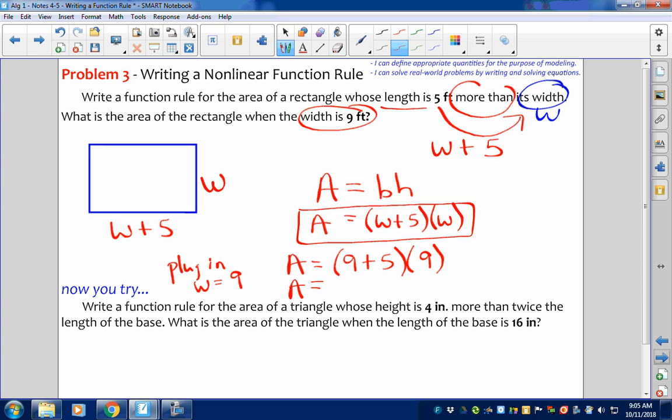Super easy to evaluate here. 9 plus 5 is 14. 14 times 9 is, 9 times 10 would be 90. 9 times 4 is 36. 90 plus 36 is 126. And then we have feet with a little squared by it to show that we understand it's two-dimensional, it's square units.